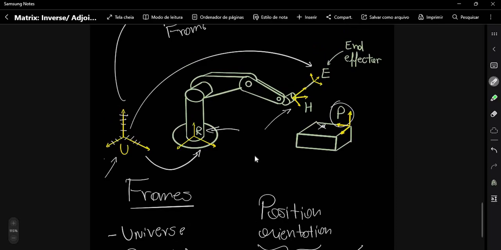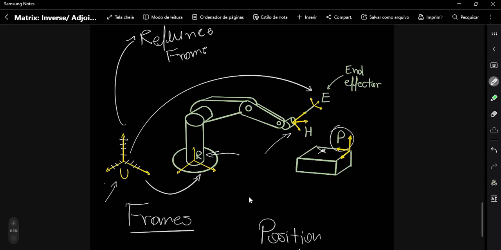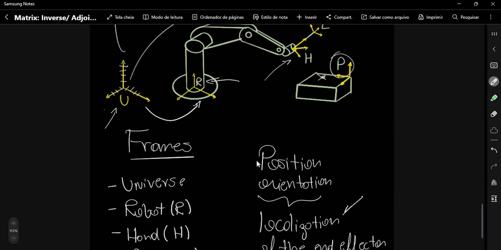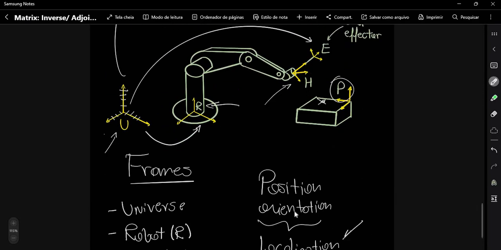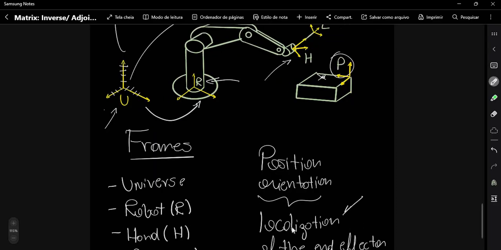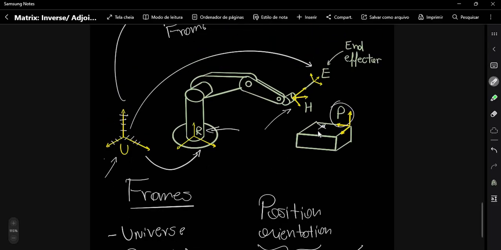And now we also can write, we can know the position and orientation which resumes on the localization of the end effector based on the whole system of the robot.